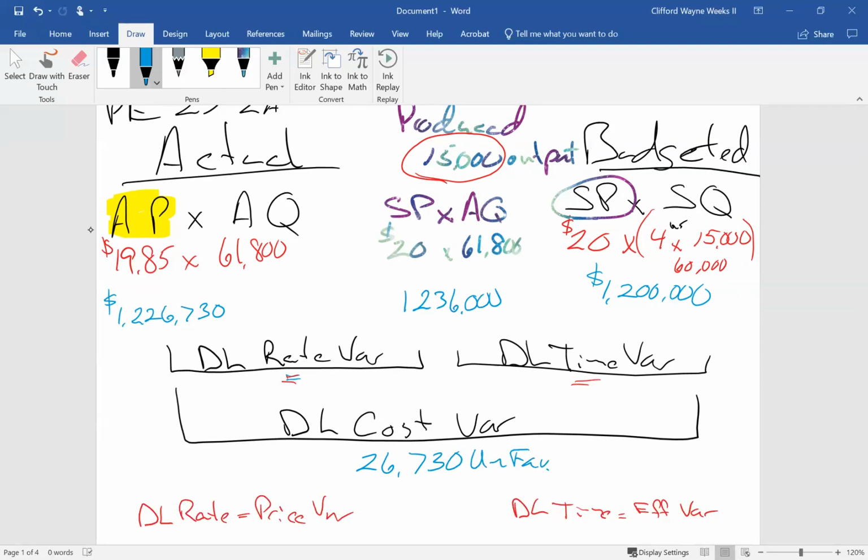And so if we're looking at the rate difference, we're going to compare the difference between these two. We subtract 1,226,730. And this comes out to be 9,270.